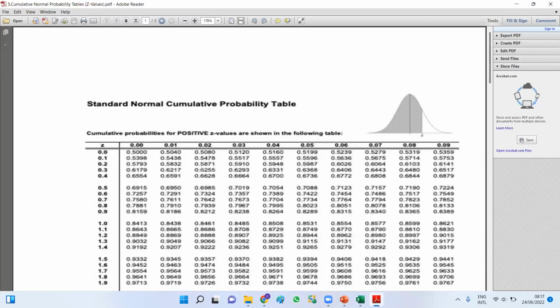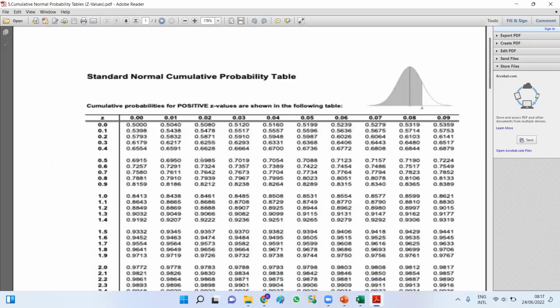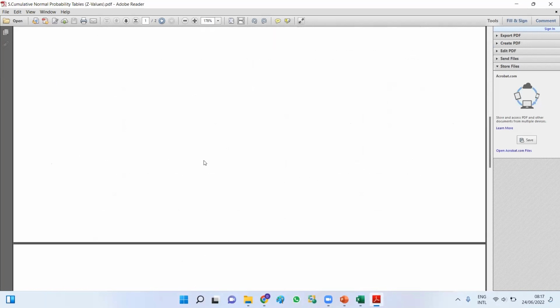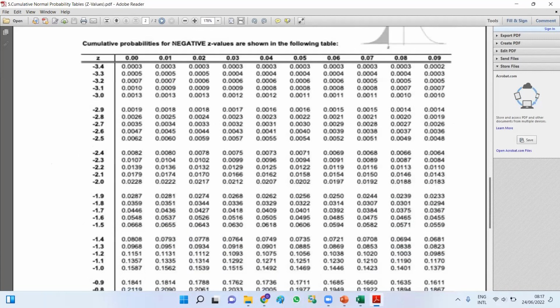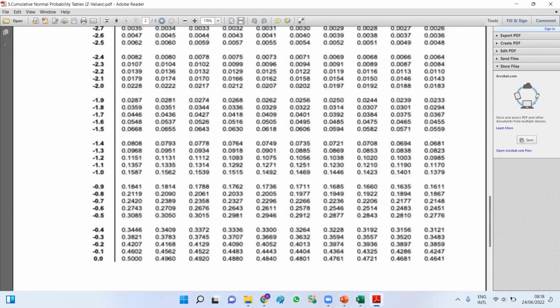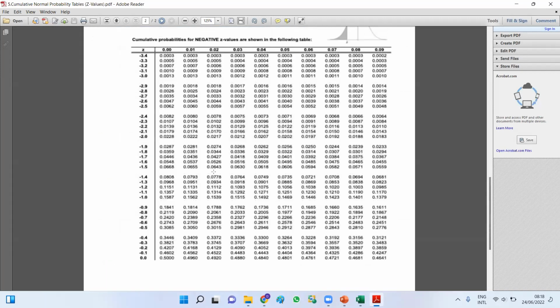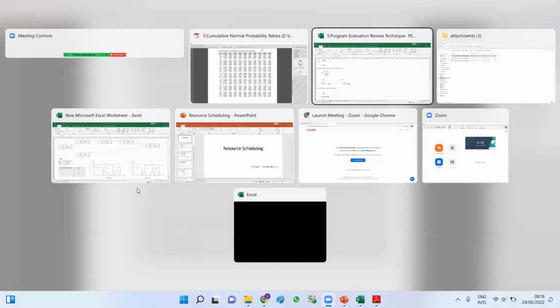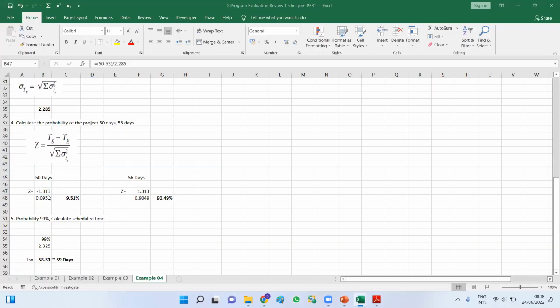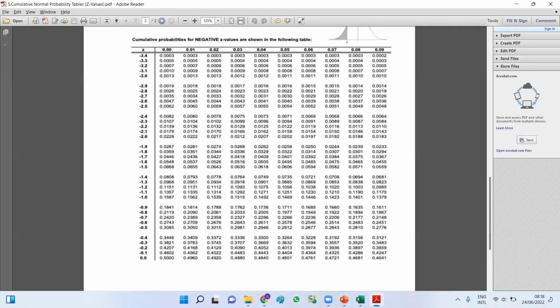Right, so the z value we have taken is minus 1.31, so we have to go for the negative z value table. In the negative z values, you can see 1.3, and minus 1.31 means this is the value: 0.0951. It should be 0.0951, right?